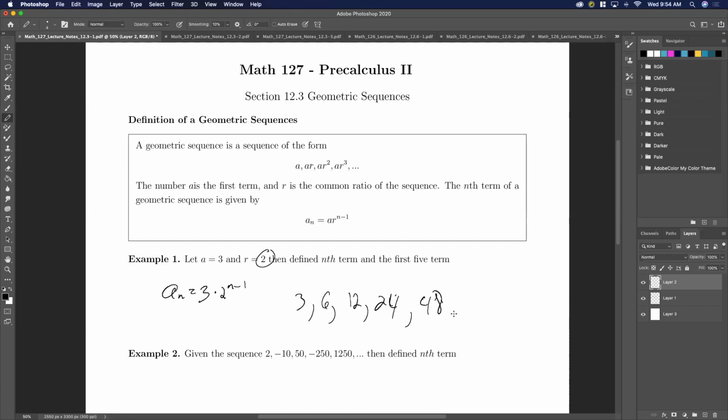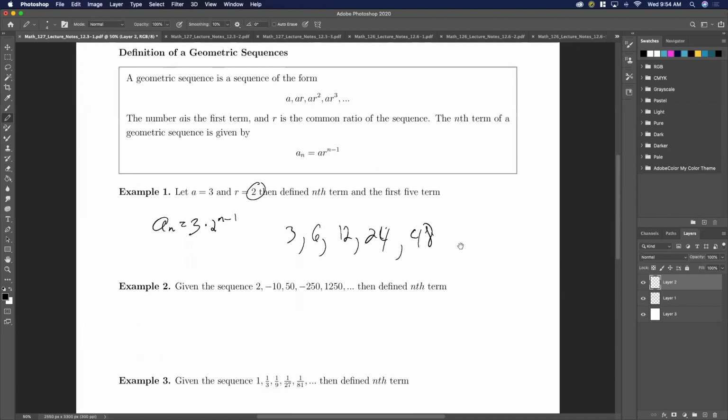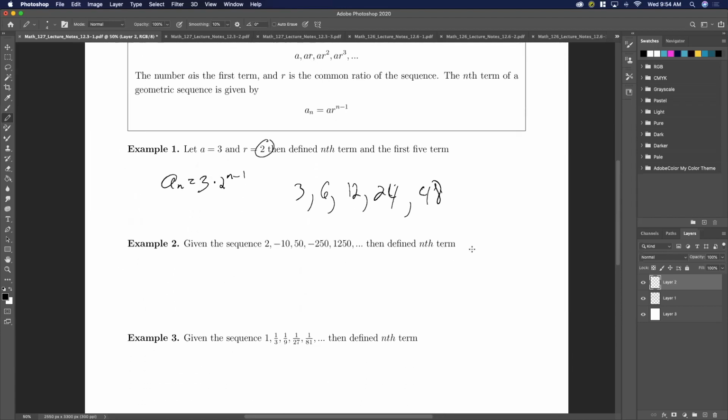All right, so let's mess with it some more. Given the sequence, define the nth term. Here we're given a sequence and we want a_n equals a times r to the n minus 1. So here we want a. A is just our first term, so a here is 2.